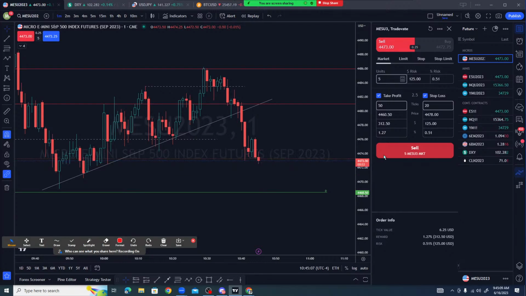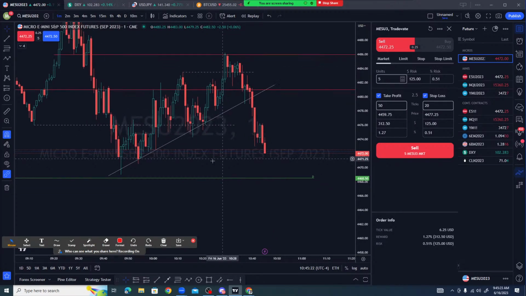Oh, I want to FOMO in. I'm not going to. It might be done. Might be done for the day, because this is definitely reversal looking, where we're going to take out lows, and yeah.